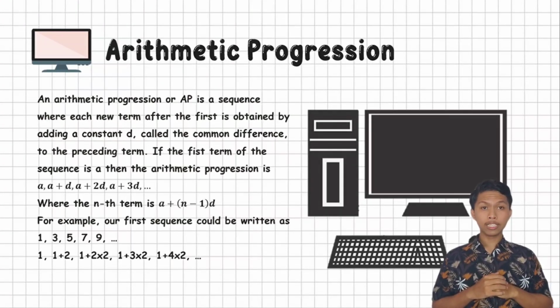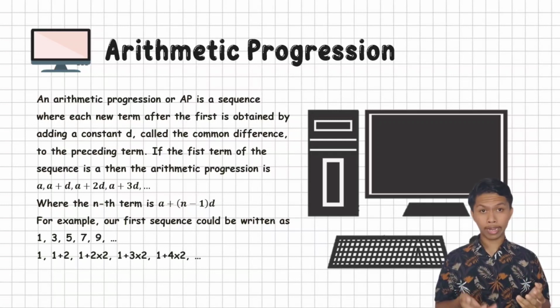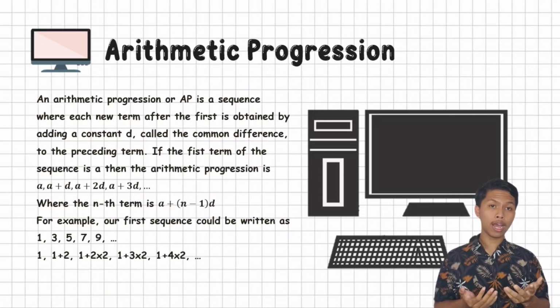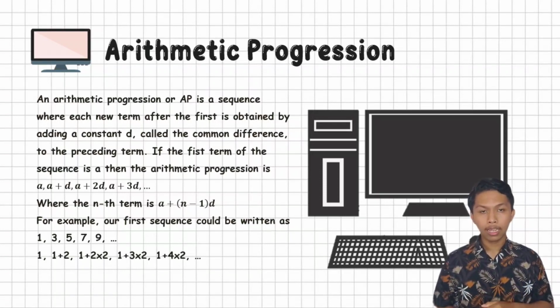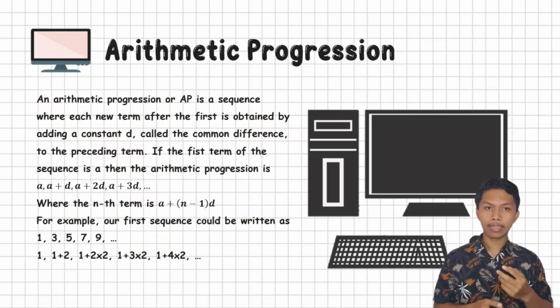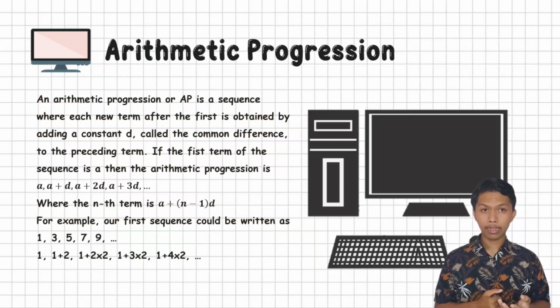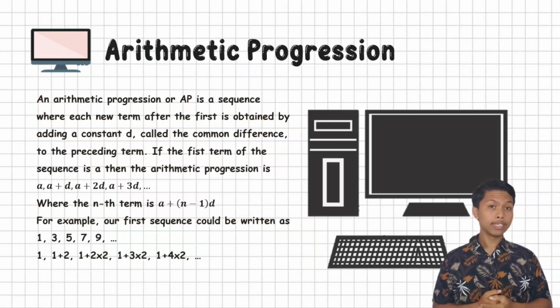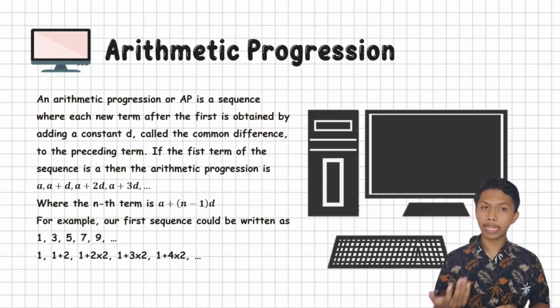Okay, the next material is arithmetic progression. In this topic, we will discuss the formulas we use for arithmetic sequence and series. In arithmetic progression, the first term in a sequence or series is called A. The element at a position in an arithmetic or geometric progression is written as Un, where n is the position of the element in the sequence or series.